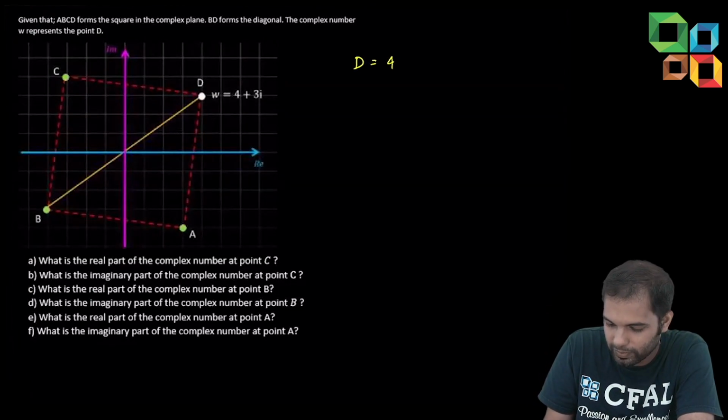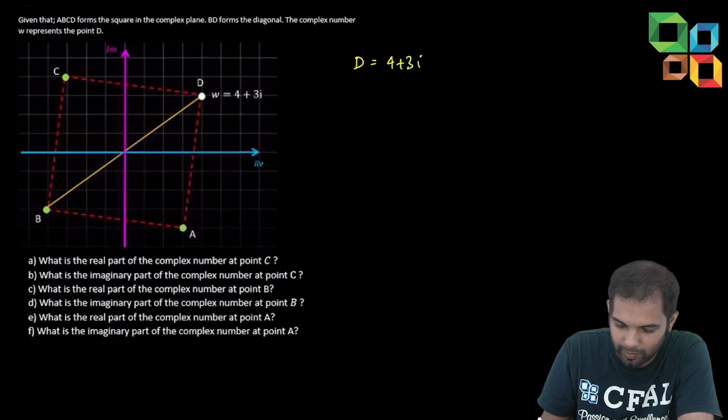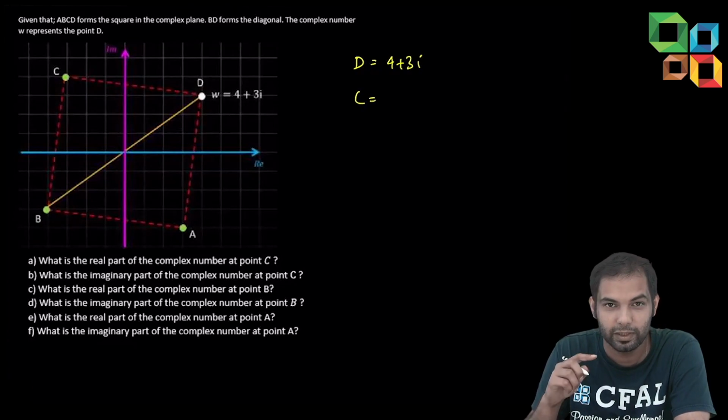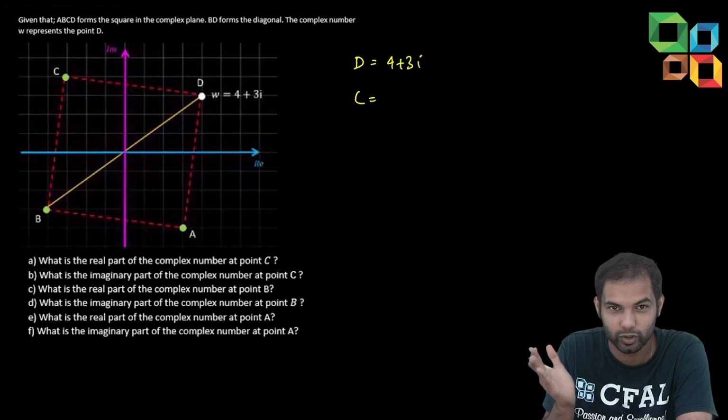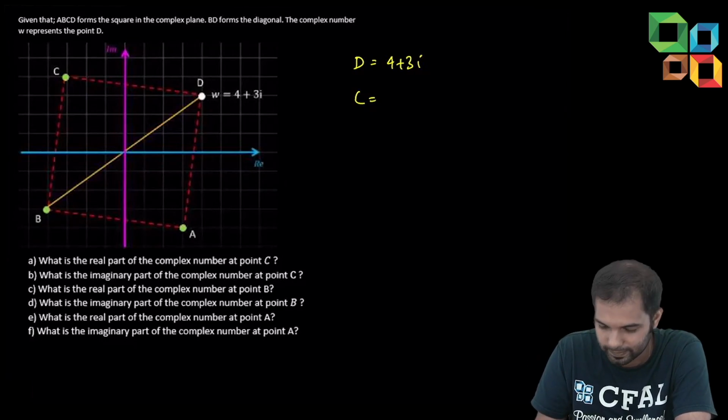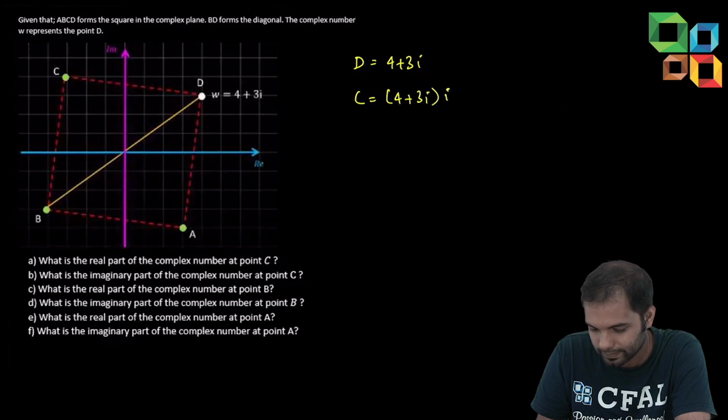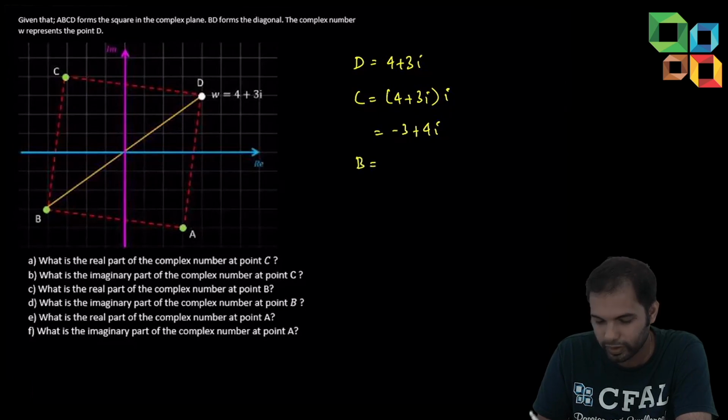So D is 4 plus 3i. We have done the same experiment. So what should we see? If I multiply D with i, that is rotated by 90 degrees, I should get C. That is nothing but (4 plus 3i) into i, that is 4i minus 3. Same way, rotate C by i or 90 degrees.